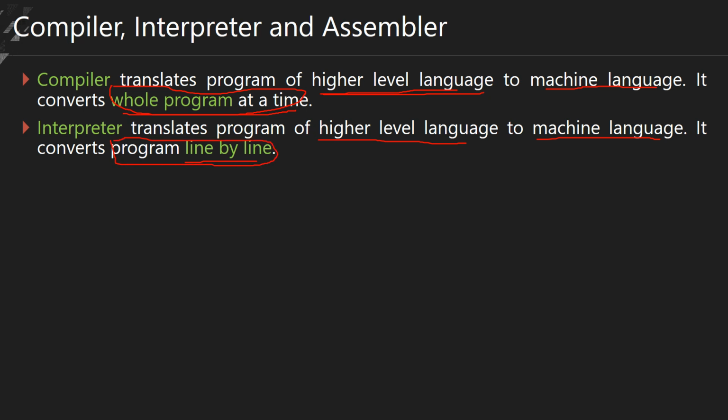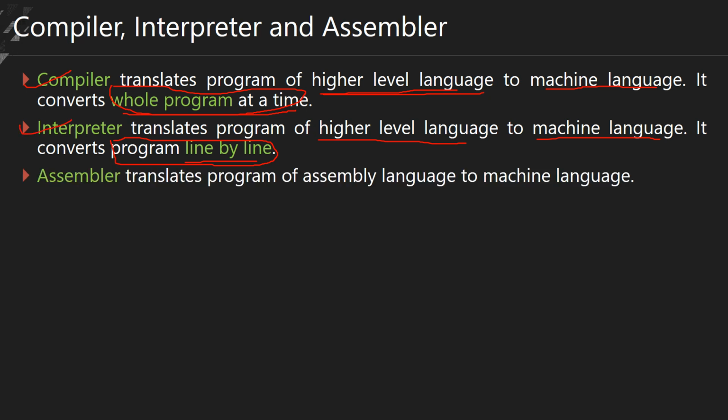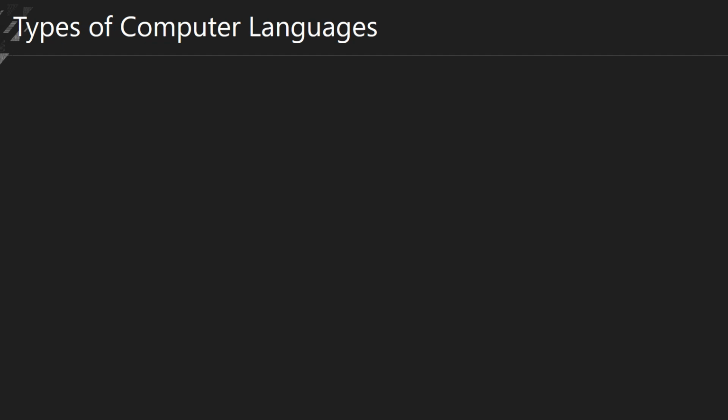So that is the difference between compiler and interpreter. Okay, so then what is an assembler? There is another kind of program. An assembler is also a translator which converts assembly language to machine level language. Assembly level to machine level language.